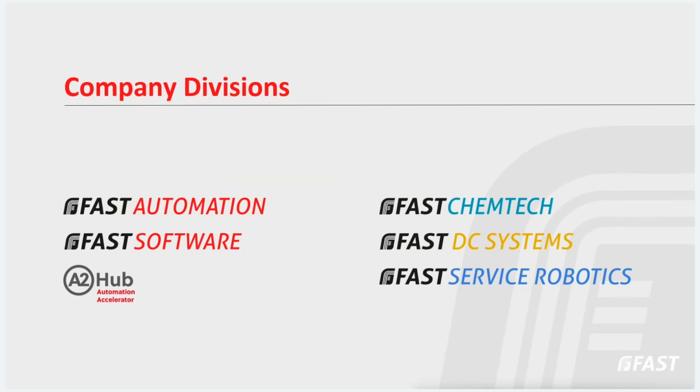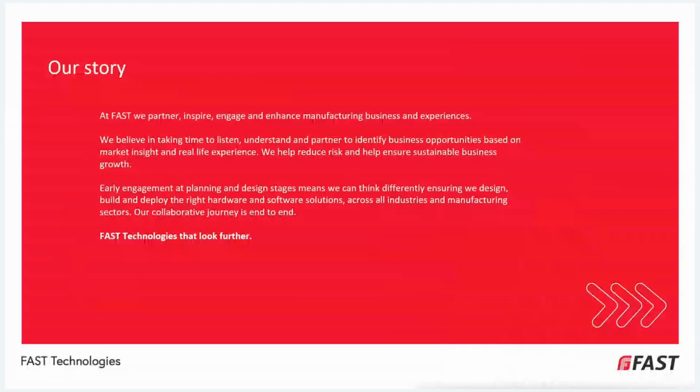We are about partnering with the best of breed to bring those solutions to existing customers and prospects. We're particularly focused on working with the SME market so we can partner, inspire, and engage manufacturing businesses. We do that both with our partners and with our customers.